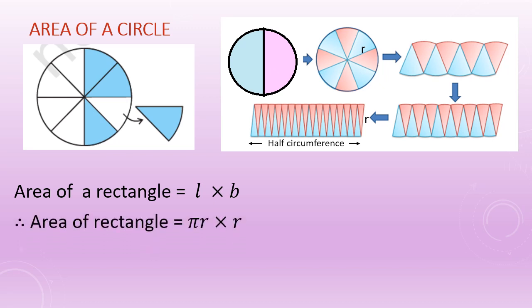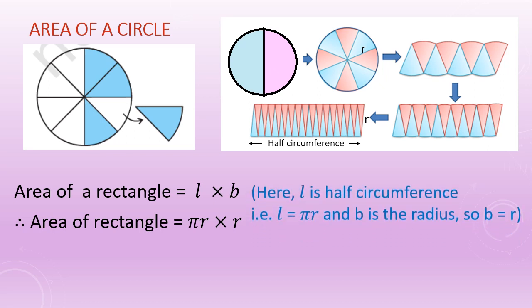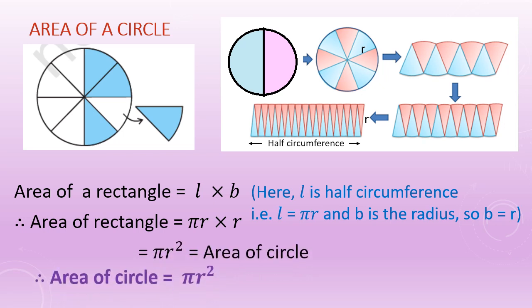Substitute here. Instead of L we can write half circumference, that is 2 pi r divided by 2, which gives pi r, into breadth r. So pi r into r gives pi r square, which is the area of the circle. So children, we found the area of a circle as pi r square.